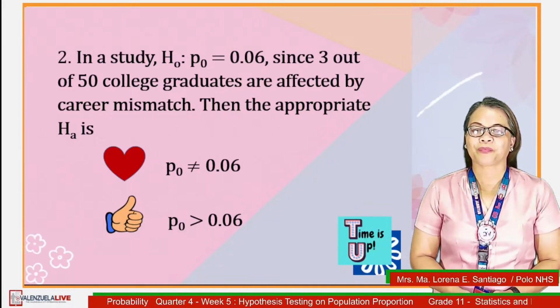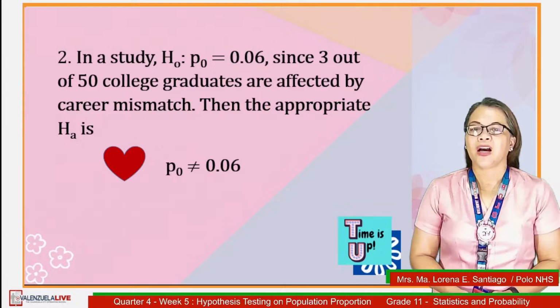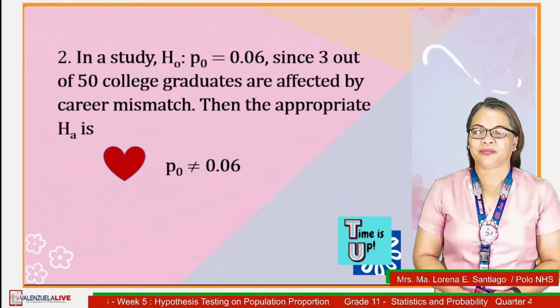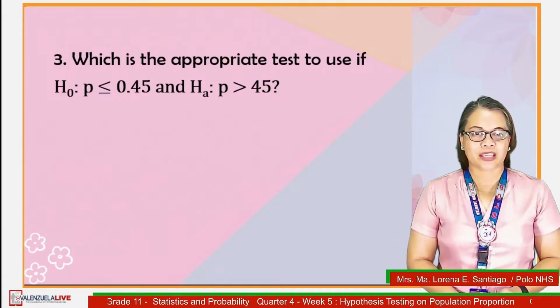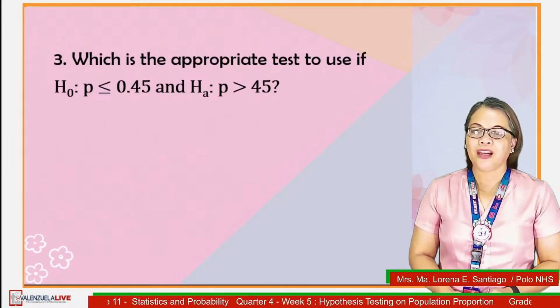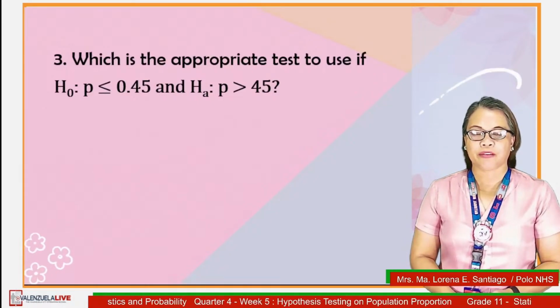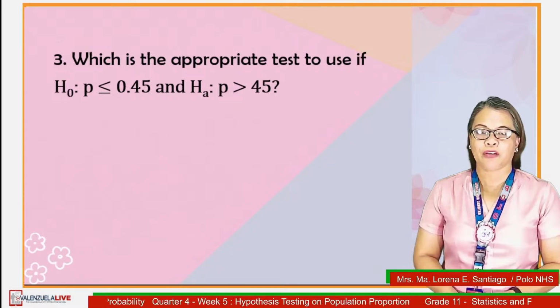Time's up. What's your answer? Yes, it's a heart. P sub 0 not equal to 0.06. Number 3, which is the appropriate test to use if the null hypothesis is P less than or equal to 0.45 and the alternative hypothesis is P greater than 0.45?